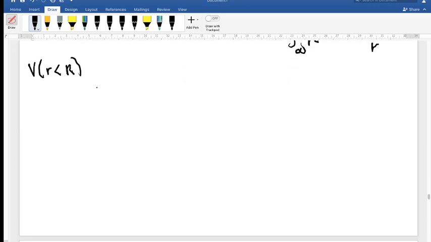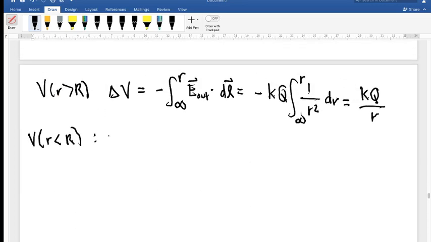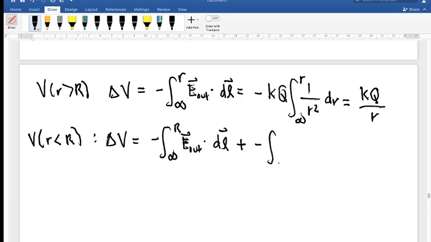So we have here delta V is equal to the negative integral from infinity to R of E outside dot dl, plus the integral from R to r of E inside dot dl.